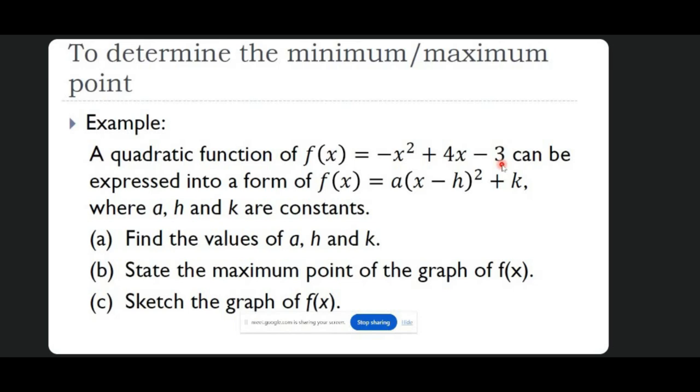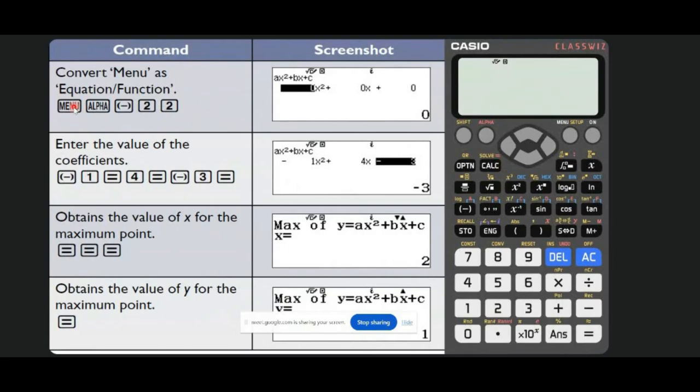We need to key this into our calculator. We need to press menu. If you are still on the function page, you need to press menu 1 to go back. Then you press menu again, alpha, bracket, negative button. Then you will see again the simultaneous equation and polynomial choice.